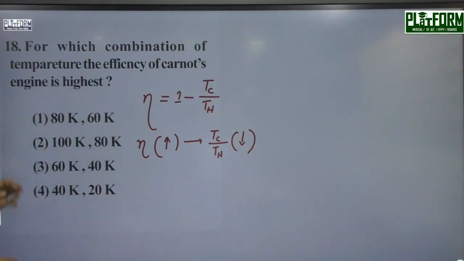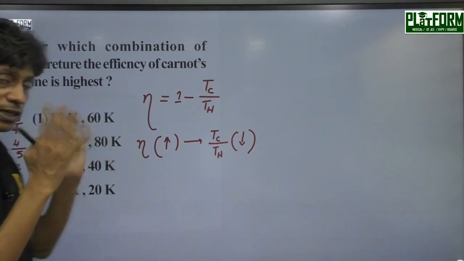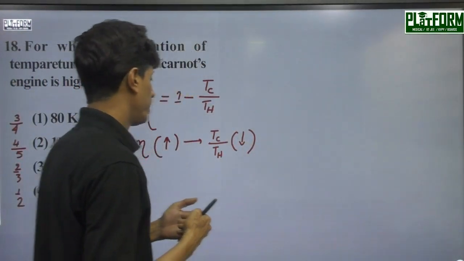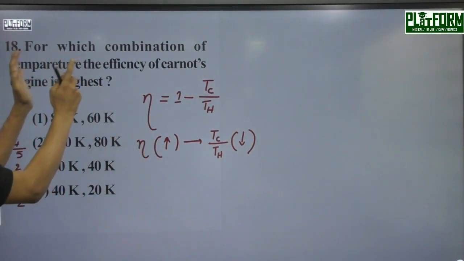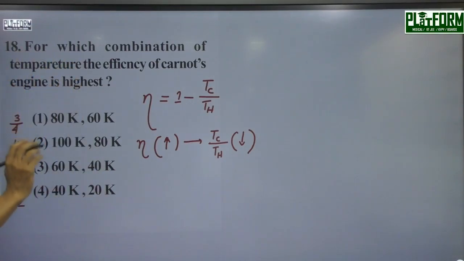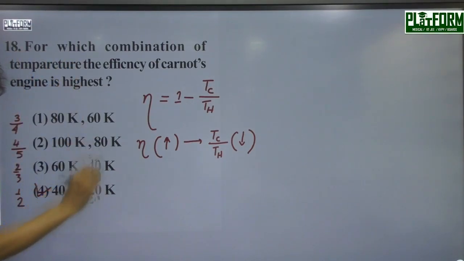By trial method, the ratio here, 6 by 8, means 3 by 4, and the ratio here is equal to 4 by 5, and the ratio here is equal to 2 by 3, and the ratio for 40 and 20, for this pair, is half. So half is the least value for this combination. When the ratio of the pair is least, the efficiency of the engine is highest. So therefore the right option here is 4.